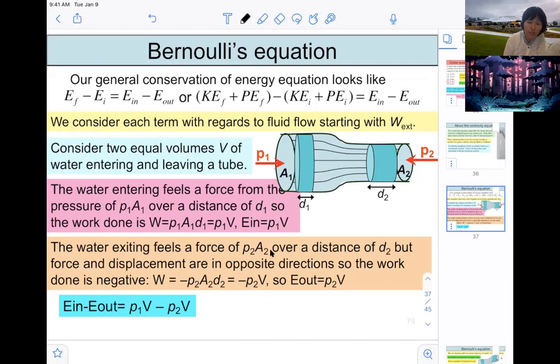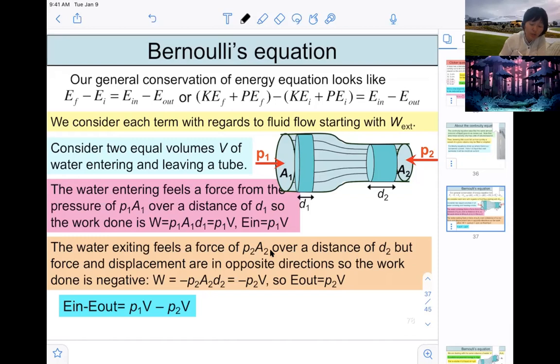And that force is equal to P1 times A1, because P is F over area, right? So force 1 is P1 times area 1. That is pushing the liquid to the right from the left-hand side of the volume.